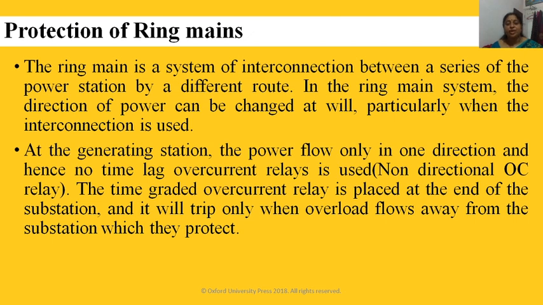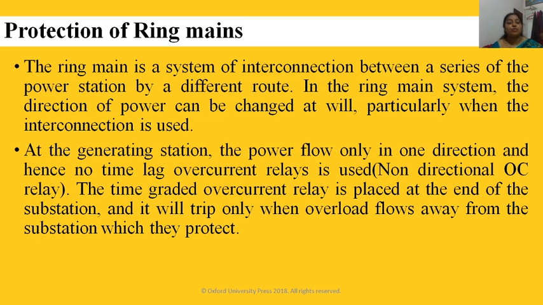The time graded overcurrent relay is placed at the end of the substation, and it will be tripped only when overload flows away from the substation which it protects. At the other end, a directional relay, which is instantaneous, or in which we can provide an intentional time delay also.